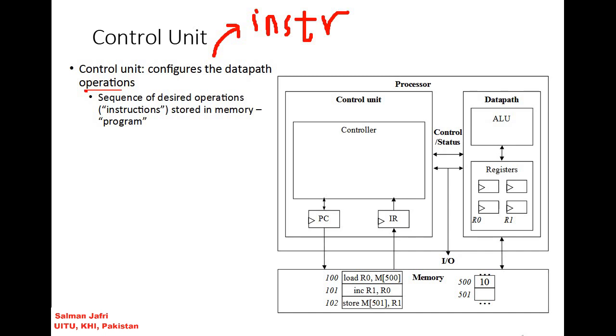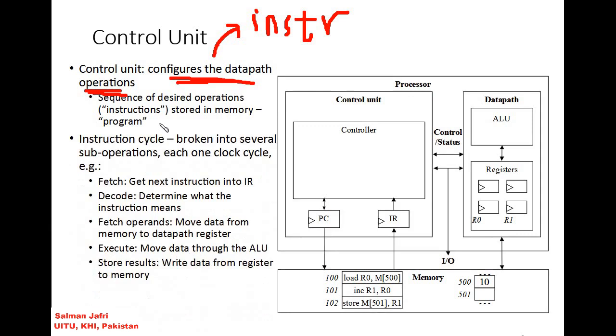We have this over here. The sequence of desired operations is stored in memory as instructions. So our instruction cycle is broken into several sub operations, each one clock cycle. So when we talk about modern microprocessors, each sub operation of the instruction cycle is one clock cycle long. The first one is fetch, which fetches the next instruction into the instruction register.